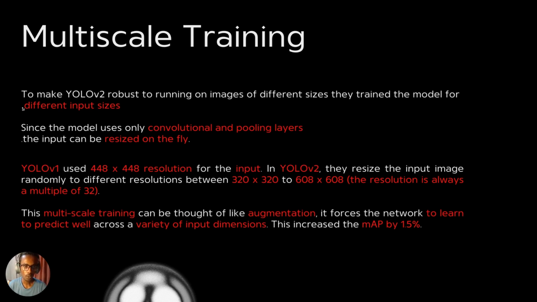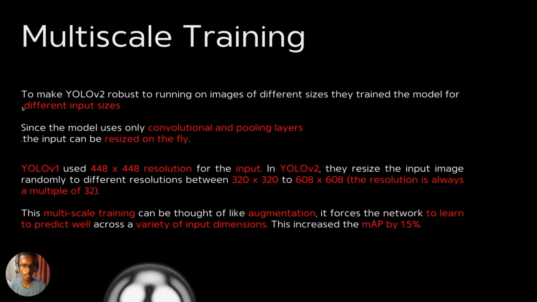Since the model uses only convolutional and pooling layers, the input can be resized on the fly. Because if you have a fully connected layer in your model, you're not going to be able to change the spatial dimension of your image. If you change it, you need to remove the fully connected layer because that's dependent on the input.